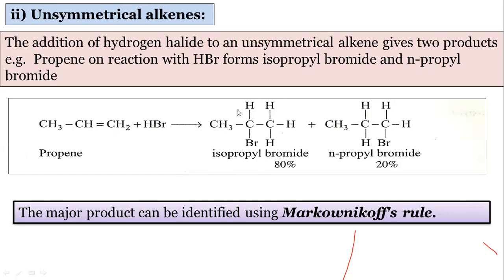2-bromopropane is the major product according to Markovnikov's rule. Markovnikov suggested one rule to identify which product is major.